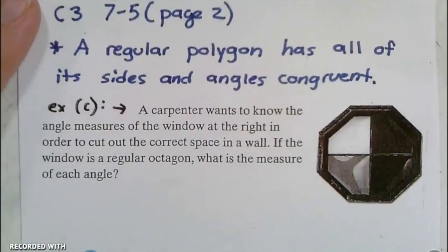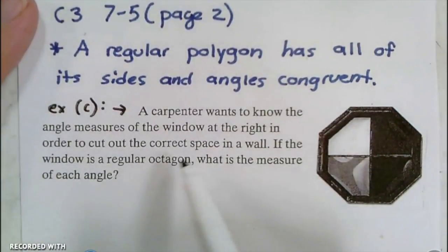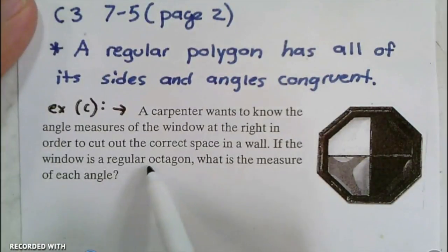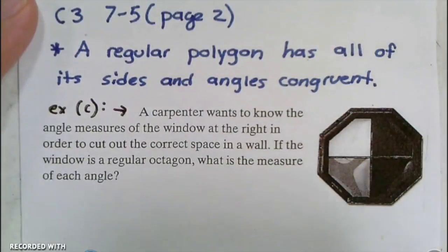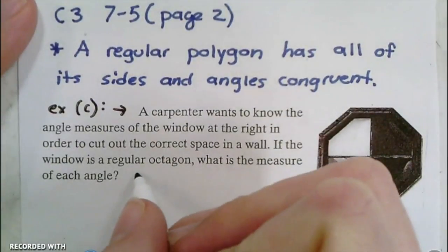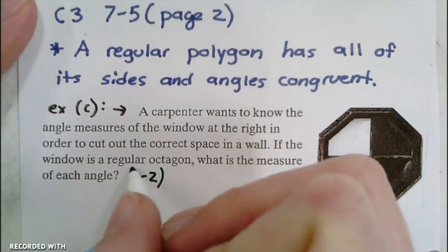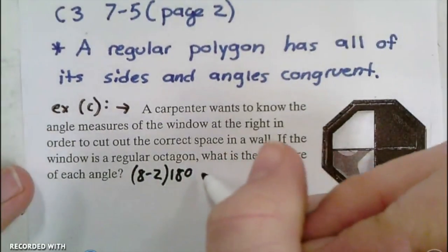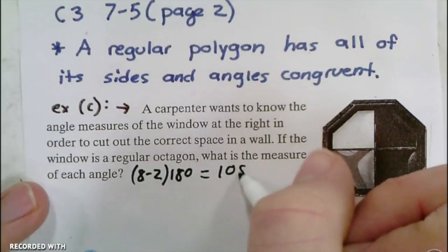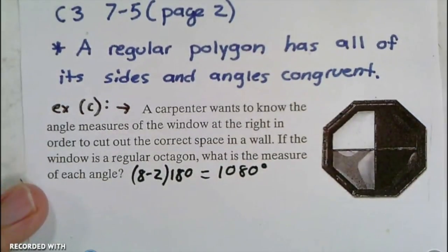So let's look at this example. A carpenter wants to know the angle measure of the window at the right in order to cut out the correct space in a wall. If the window is a regular octagon, what is the measure of each angle? So 1, 2, 3, 4, 5, 6, 7, 8, right? An octagon has 8 sides. 8 minus 2 times 180. So 6 times 180 equals 1,080 degrees.